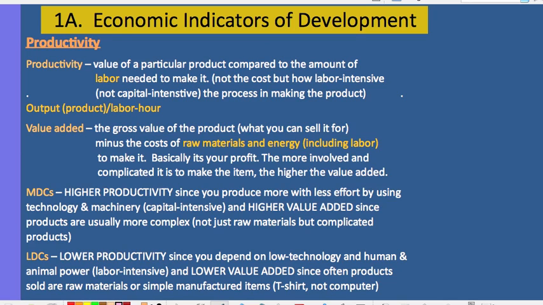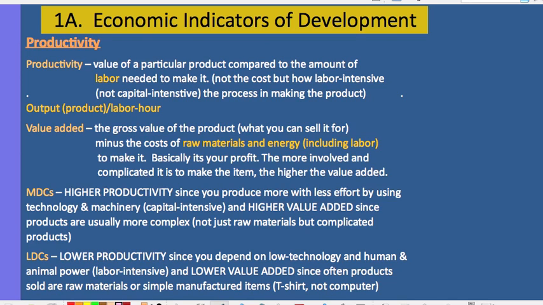They make things like computers, cell phones, or highly complicated machines that surgeons might use in a very specific operation. So MDCs are not just taking the raw materials and selling the raw materials.